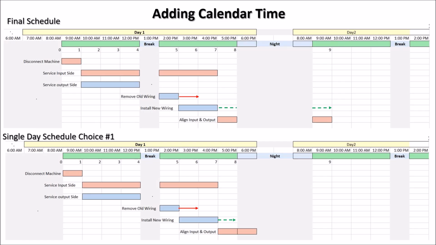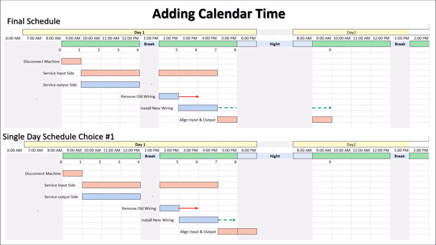However, we think about this as well, because service the input side, that is also a crew of 2 people. It might be better to eliminate that break in that activity as well, because continuous work for the servicing might be an improvement as well.